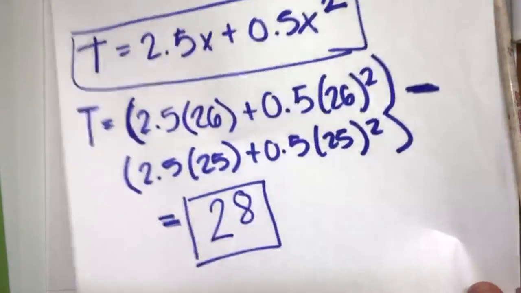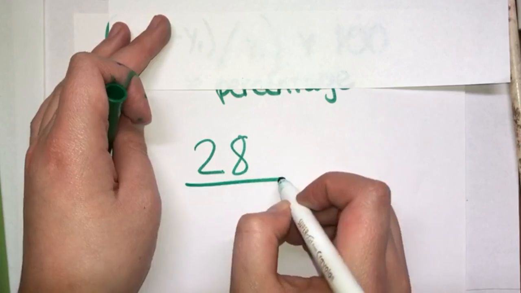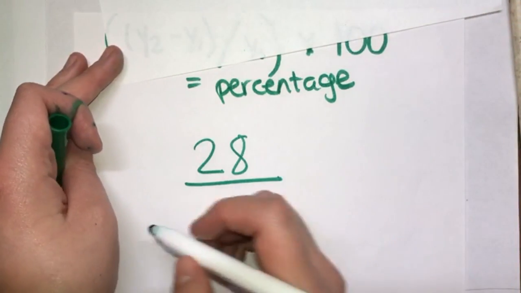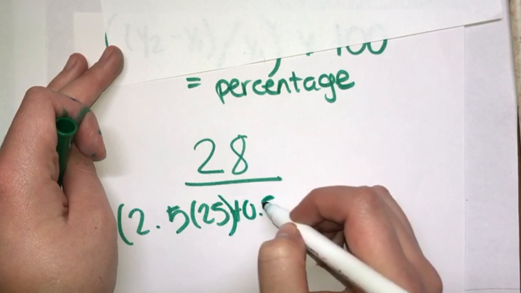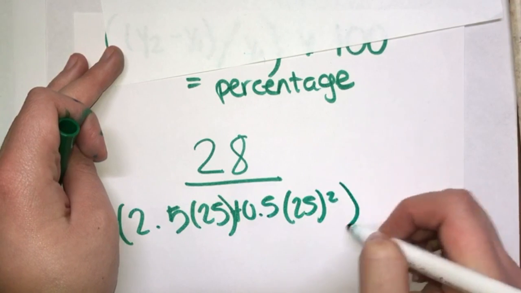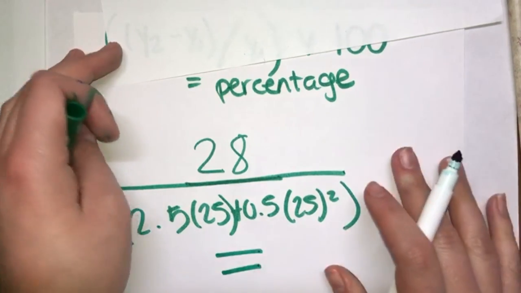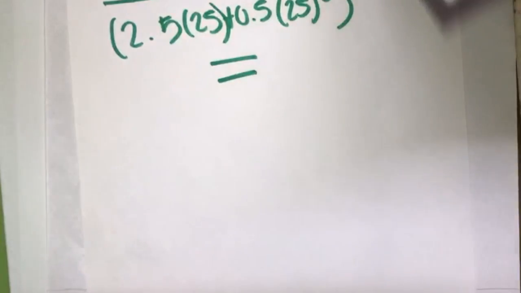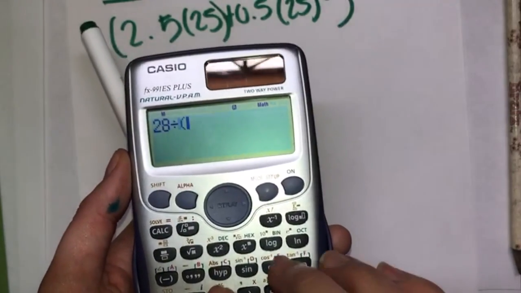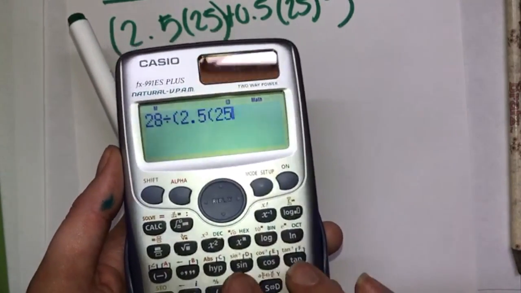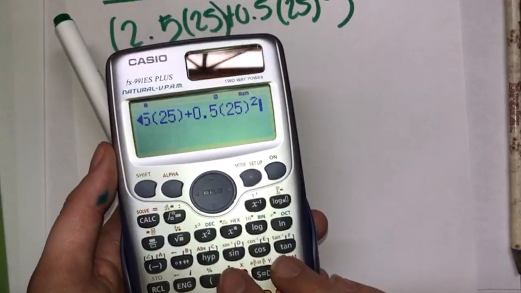So 28 over y1 is 28 divided over 2 and close the parentheses.